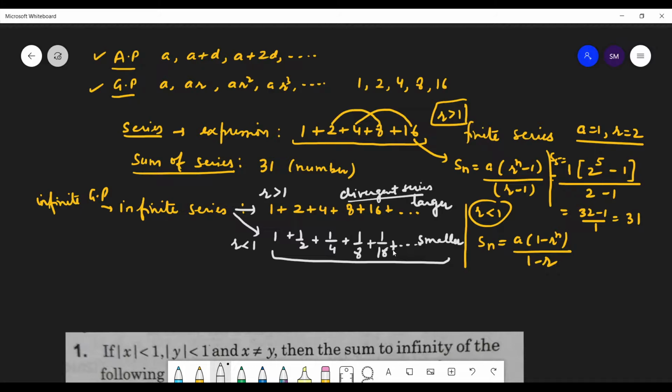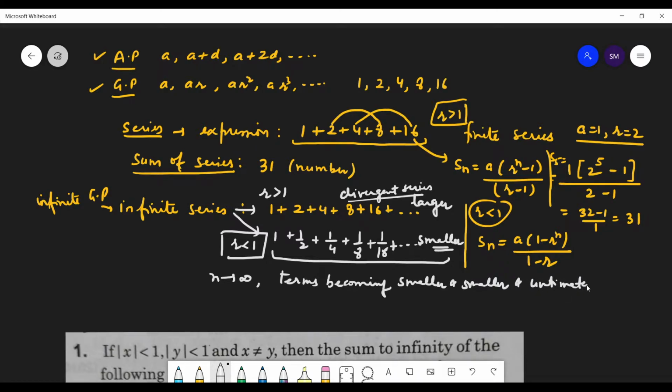But for these infinite series where r is less than 1, as n becomes infinity, the terms become smaller and smaller, and ultimately negligible.